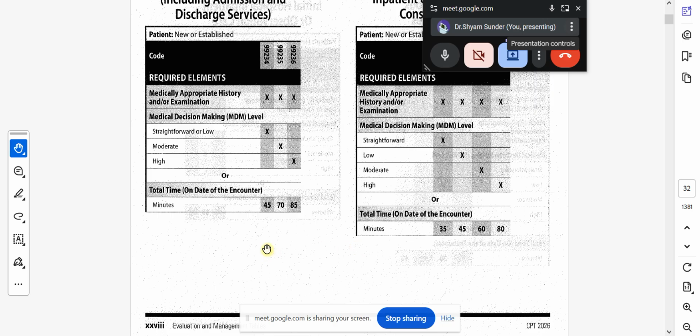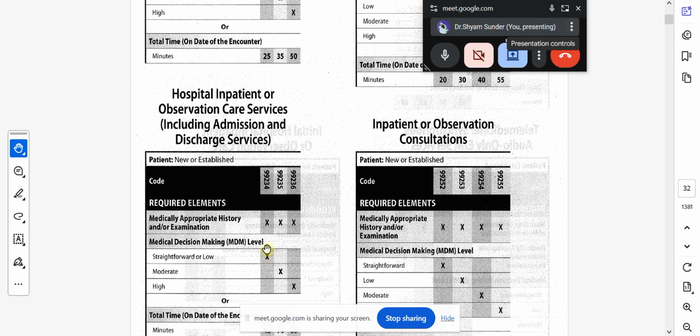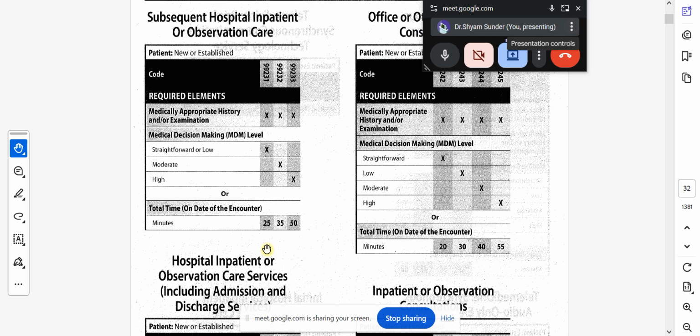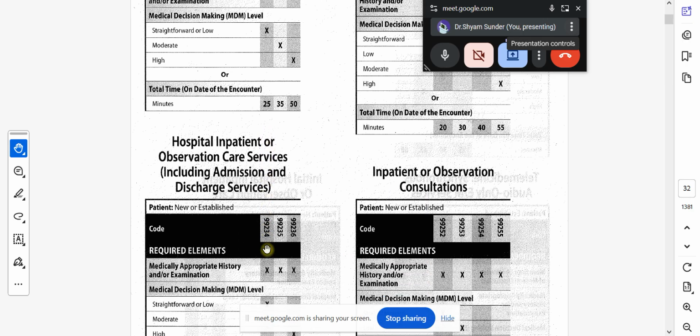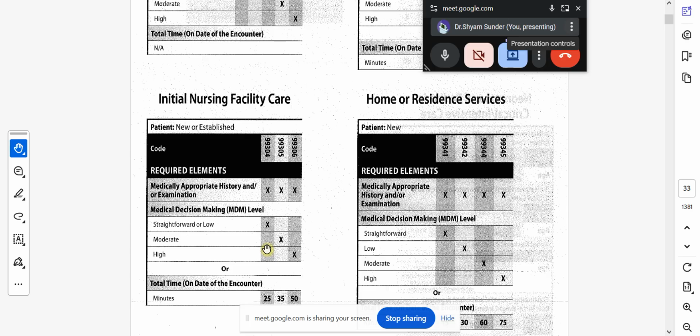But in case of inpatient, like in a nursing home where the patients are admitted, you will consider whether it is the initial visit or subsequent visit by the physician, because the patient is on the bed. Now the physician has to go to the bedside.